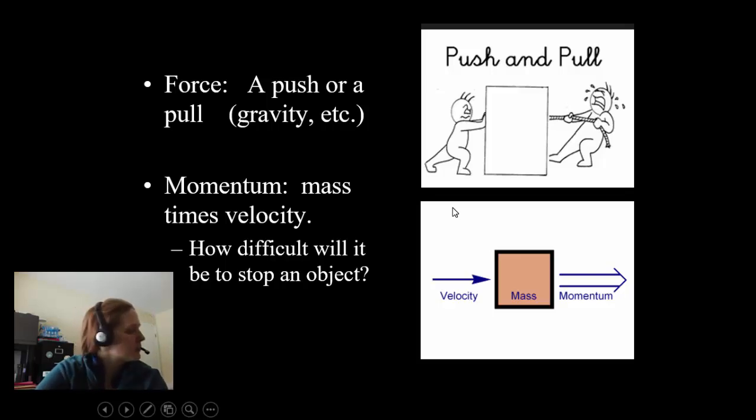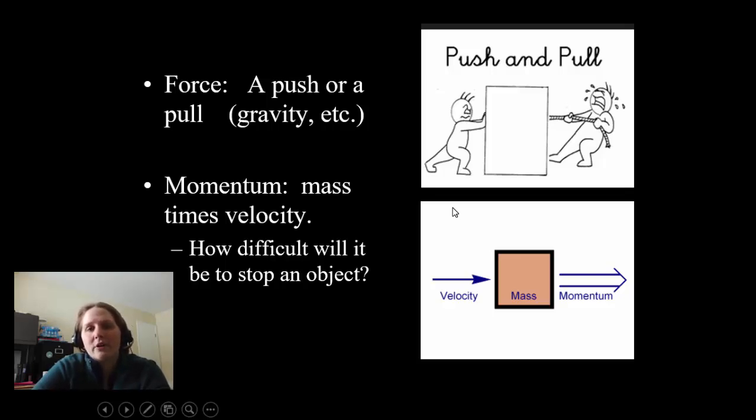One thing that your book mentions and goes through a little bit is force and momentum. I'm just going to define a force, so that way when I say the force of gravity, everybody at least knows what we mean by force. And I'm going to define momentum only because we're going to use it a little bit later towards the middle and end of this chapter. So at least that way you've got the definition.